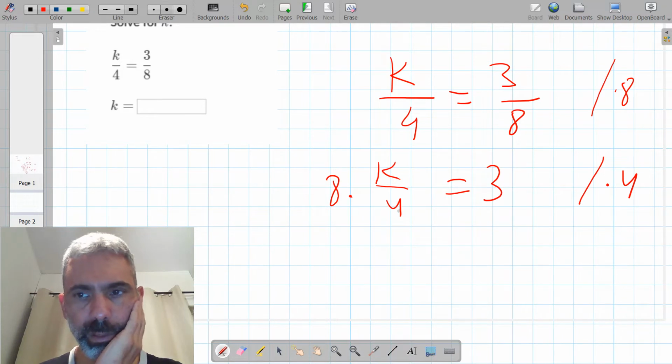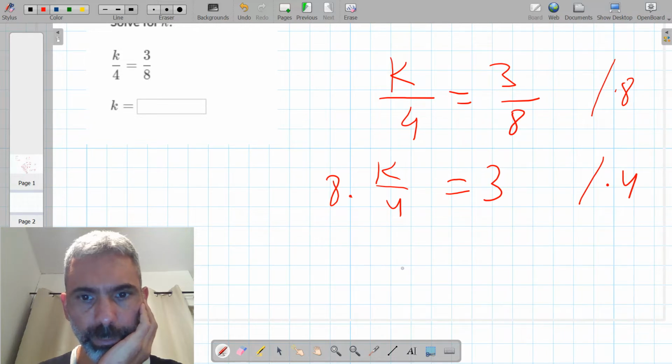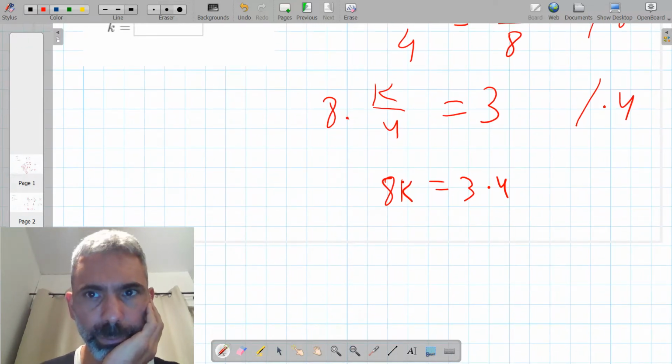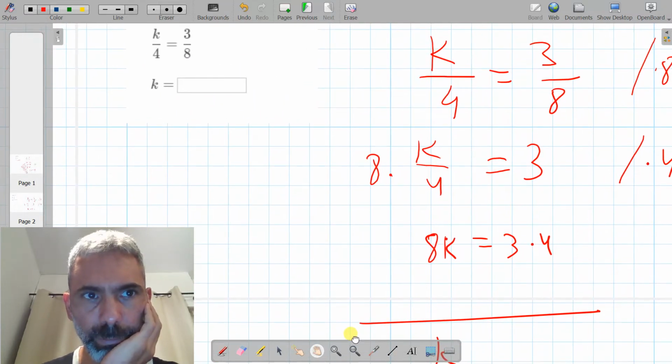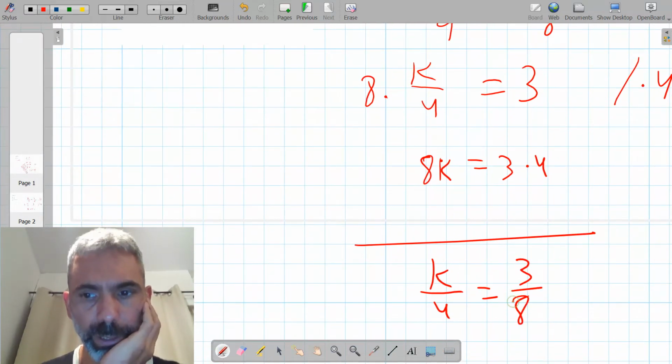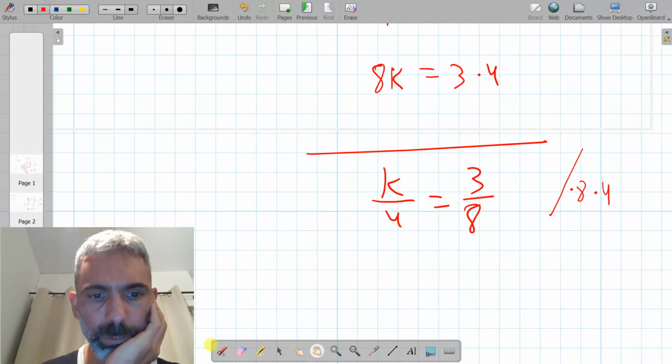So this denominator is eliminated, and we are left with 8k, and then we multiply 3 times 4. Taking it all in one step, k over 4 equals 3 over 8. Essentially I'm doing times 8 times 4 in one go.